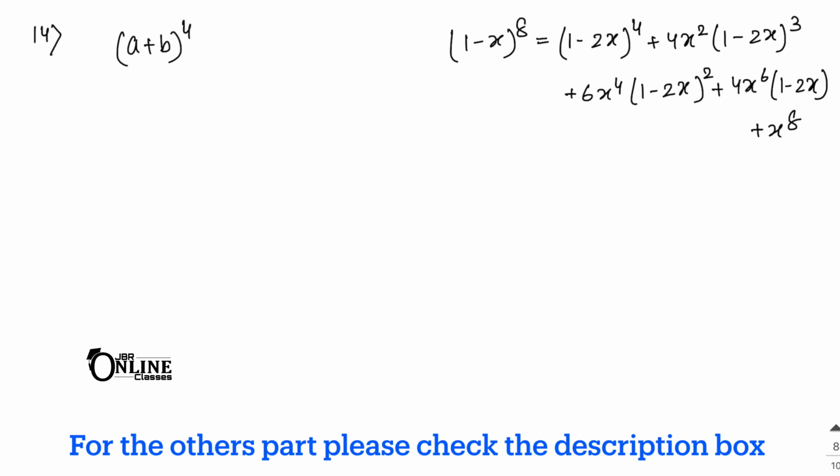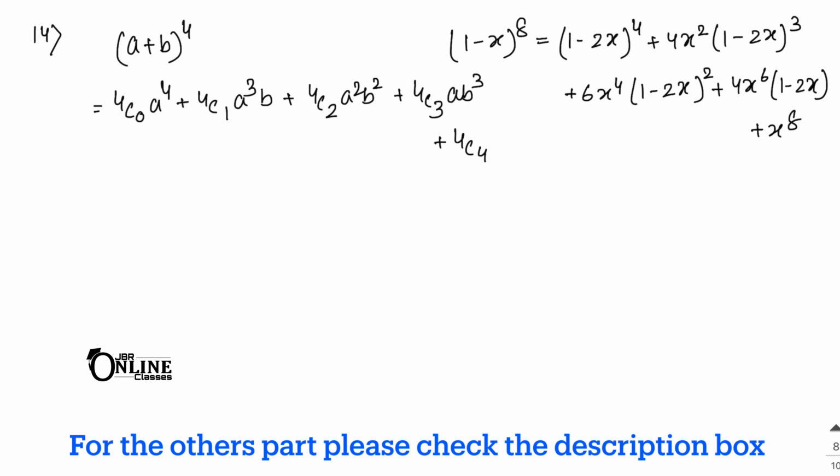Okay, so first you have to expand a plus b whole to the power 4, and that will be 4c0 a to the power 4, then 4c1 a cube b, then next one 4c2 a square b square, then 4c3 ab cube, and last one 4c4 b to the power 4.